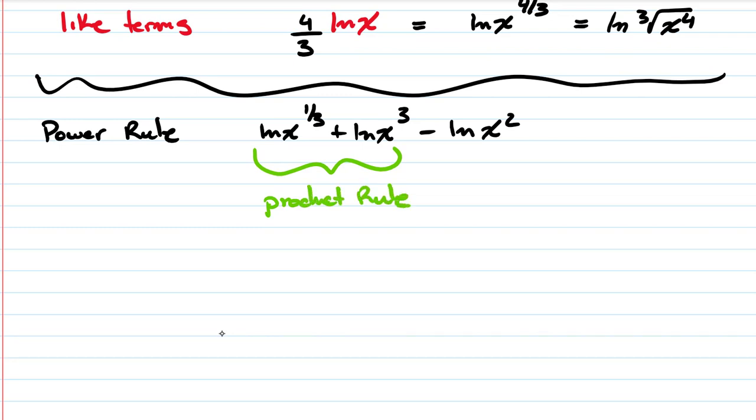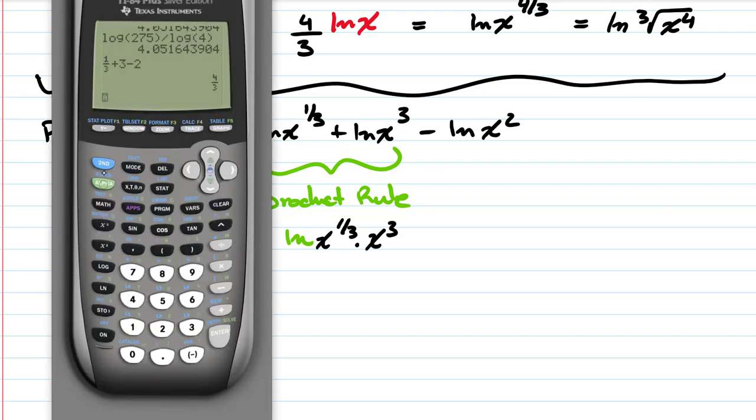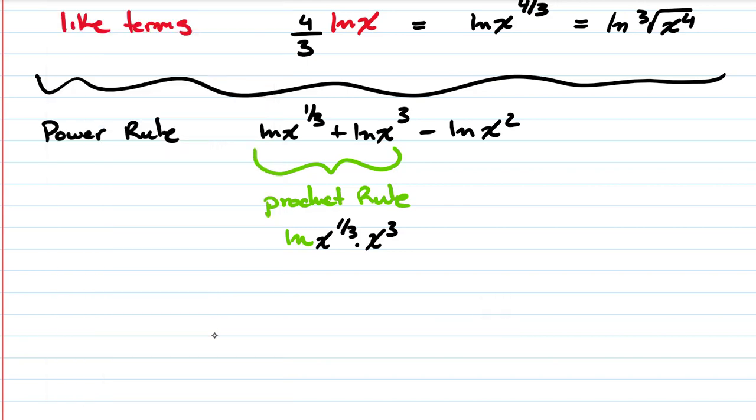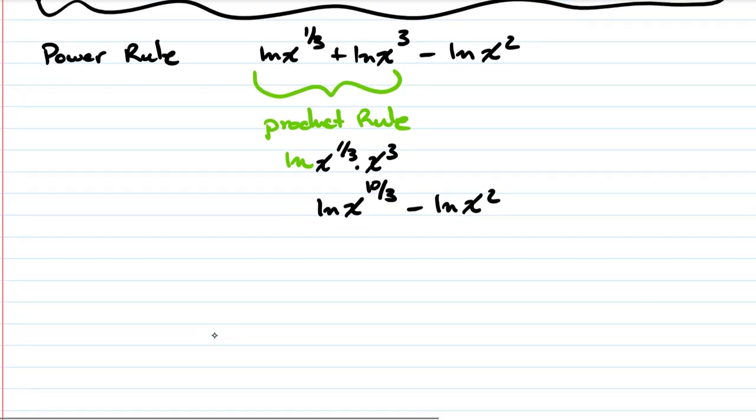So then that's going to give us the natural logarithm of x to the 1/3 times x cubed. So then we would have 1/3 plus 3 using our exponent rules. So that would give us the natural logarithm of x to the 10/3 minus the natural logarithm of x squared.